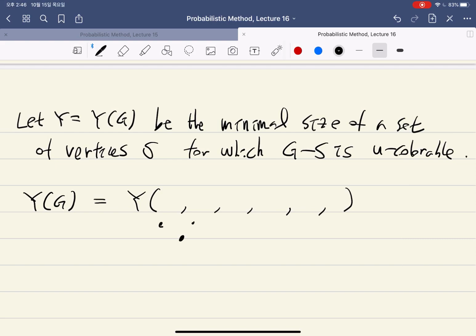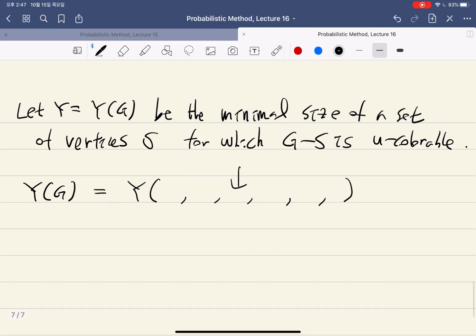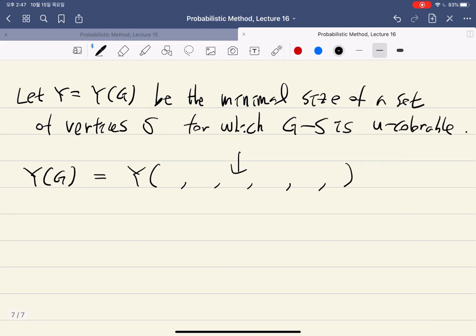For each pair, it's either 0 or 1. So n choose 2 mutually independent random variables form this random graph G. And Y is defined over these independent random variables. Once you change one coordinate of this, the Y value changes at most 1.